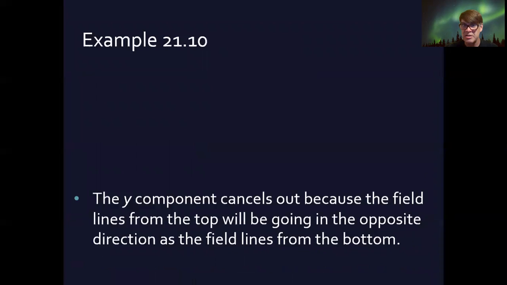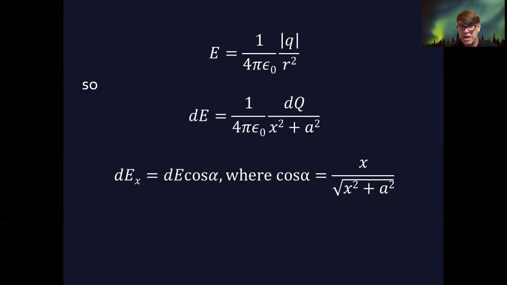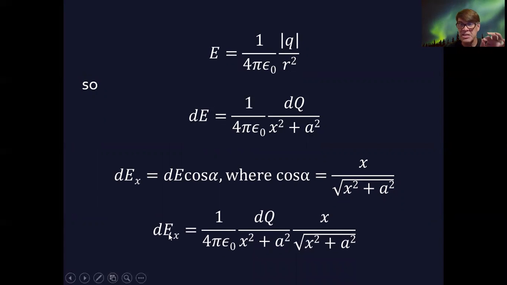That's what a cosine is. So the cosine is x over the square root of x squared plus a squared, which I just showed you. So now we can find the infinitesimal field x component. It's going to be all of this, dE times the cosine of alpha. It looks awful, but it's not that hard if you think of it in pieces.